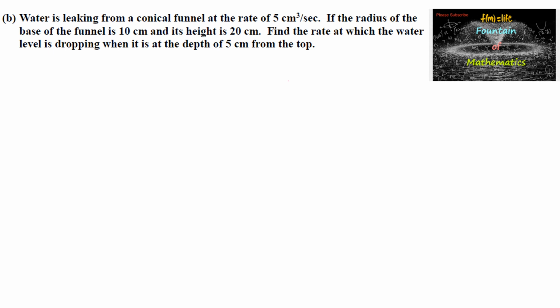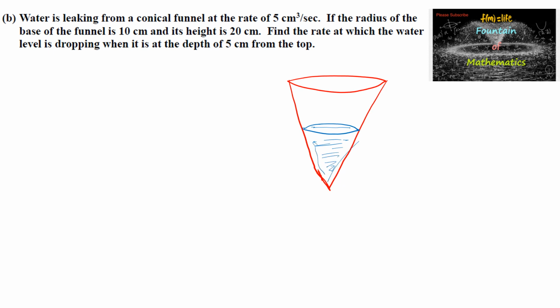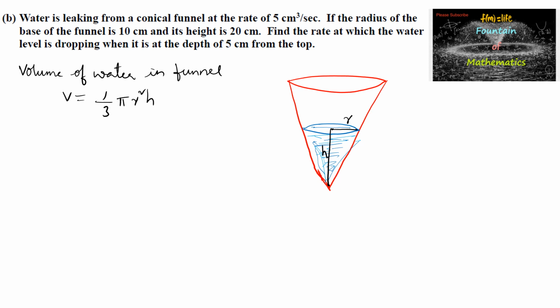So let us consider a conical funnel, and let us assume that the water level has radius r and height is H. So the volume of water in the funnel V is equal to 1 by 3 pi r square H, where r is the radius and H is the height of the volume of water which is in conical shape.